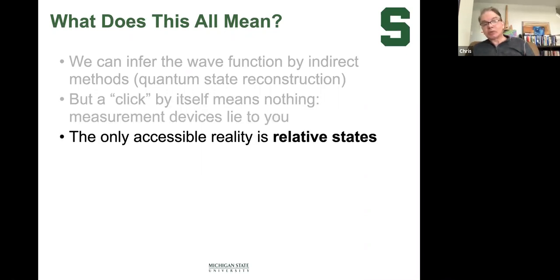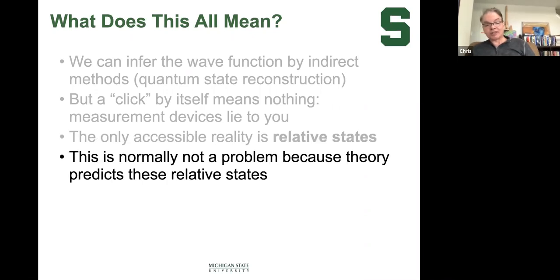The only accessible reality, therefore, is relative states between different measurement devices. Indeed, once you start thinking about it deeply, you realize it's not a problem because theory actually predicts these relative states. In fact, for most of what we want when we compare experiment to theory, we are not interested in what the quantum state is. We are interested in what relative states of detectors are.